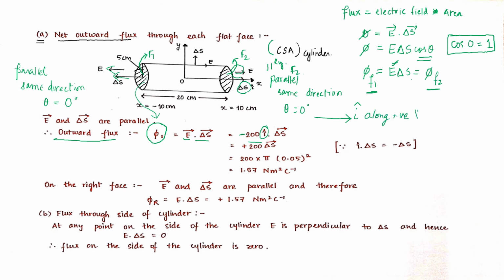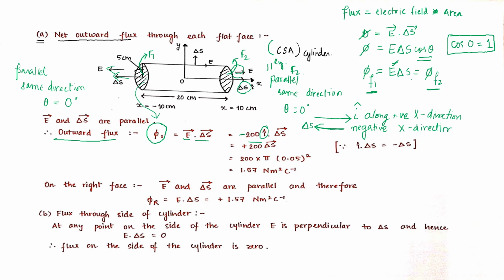positive x direction on the axis, whereas what is the direction of del S for the phase 1? It is along the negative x direction.